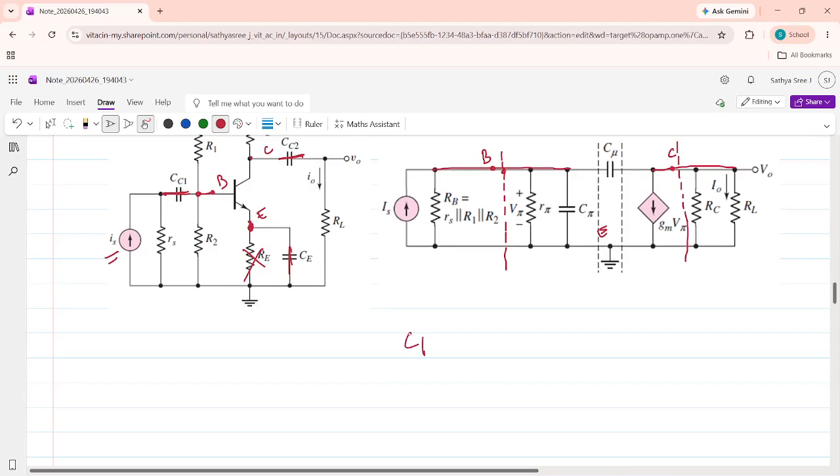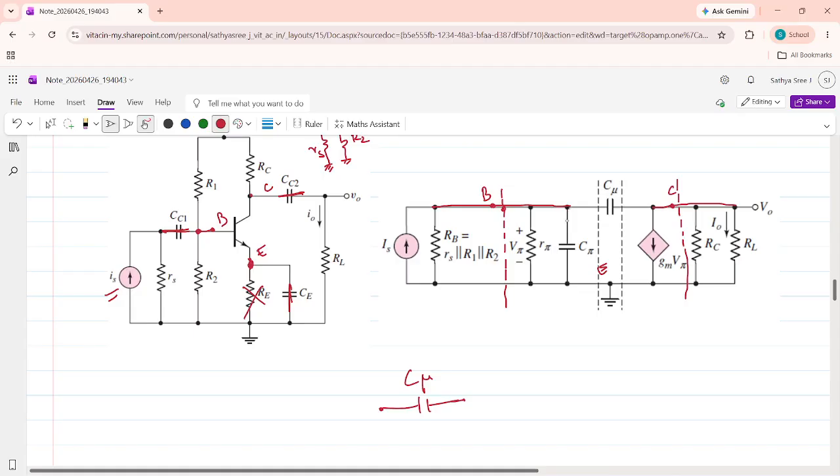This is C mu. What is the voltage at the left side node? All the components are in parallel. You know that the voltage across this R pi is V pi. So the potential at all this node is V pi because all the components are parallel.